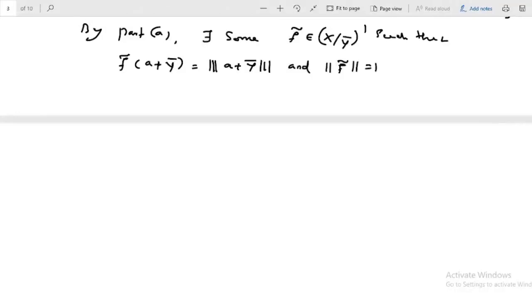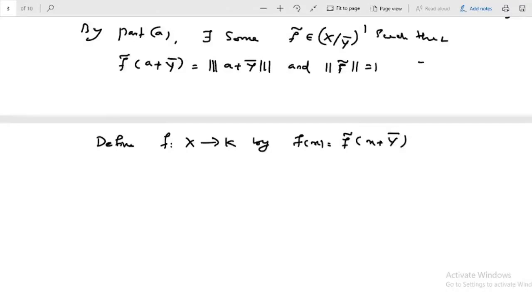Then define f from x to k by f of x is equal to f tilde of x plus y closure or y bar.